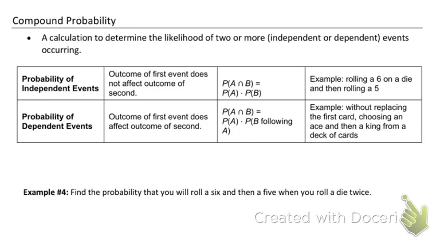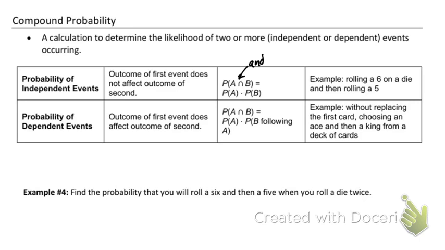This little upside down U stands for and. What is the probability of this happening and this happening as well? That's all this is saying. Well, if it's independent, you're just going to take the probability of your first event and multiply it by your second event. My example there is rolling a 6 on a die and then rolling a 5.